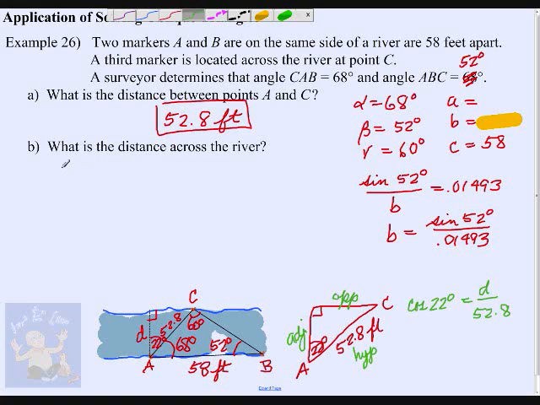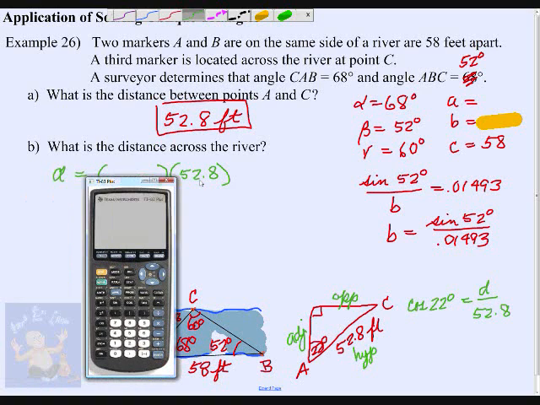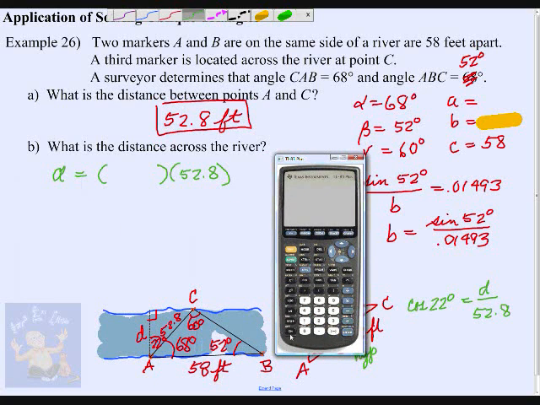Okay, so our distance equals the cosine of 22 degrees times 52.8. What's the cosine of 22 degrees?